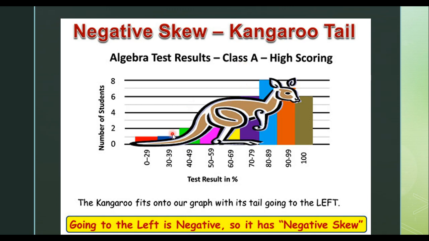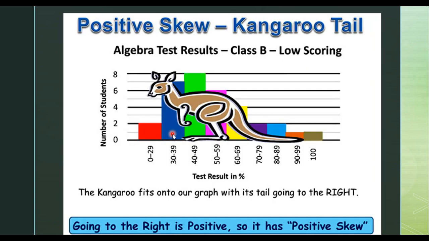So I wanted to bring this image to our attention because I feel like it does a really good job of demonstrating that. And similarly, if we have a positive skew, the tail is facing the positive direction, but the bulk of the data is on the left, and it's going towards the right in the positive direction. This is a positive skew. The tail is going towards the right. So the tail is the area that doesn't have a lot of data points.